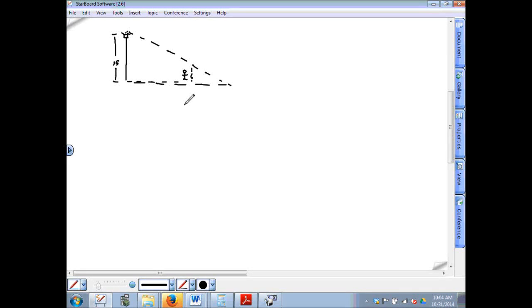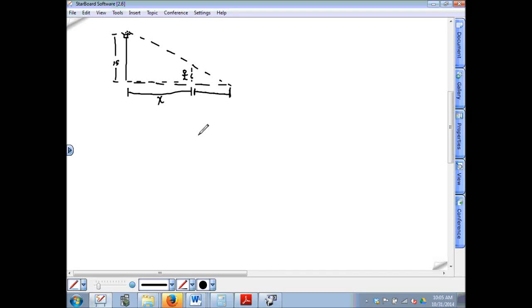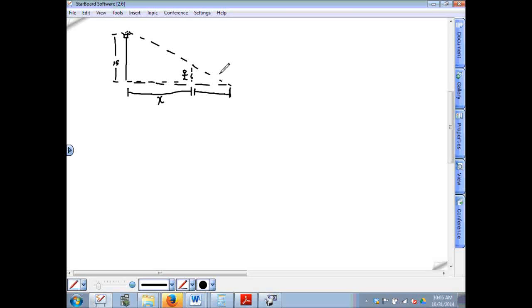X is just the distance the person has walked. So the length of the shadow is going to be S, the total distance, minus X. Total distance minus that gives you that. Yeah, S minus X.